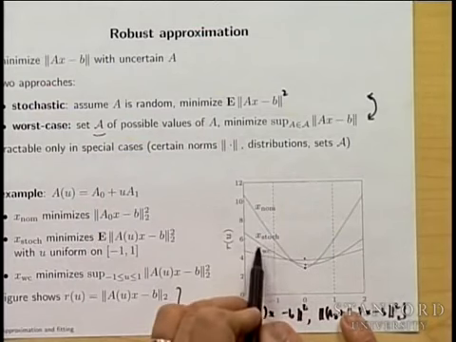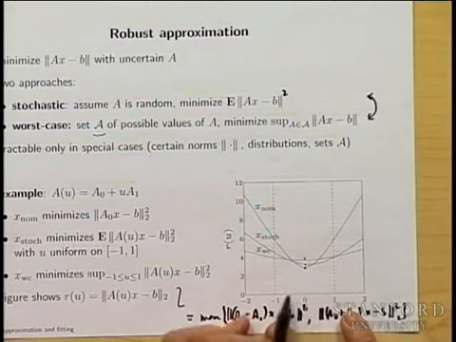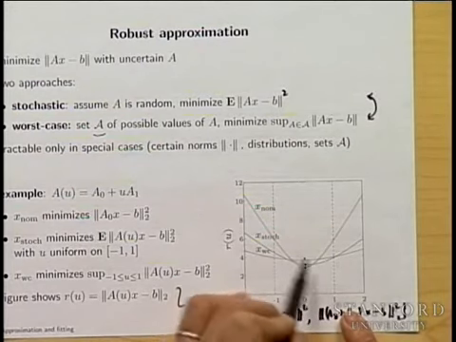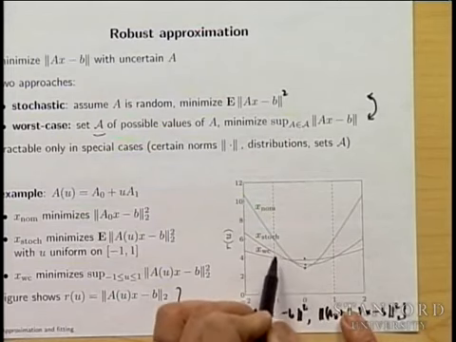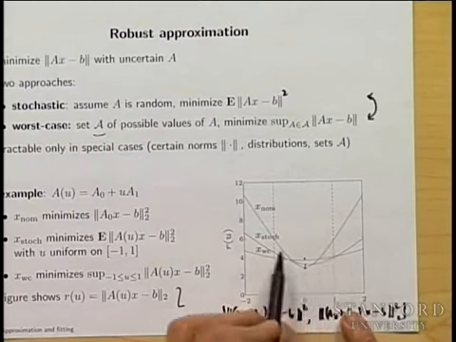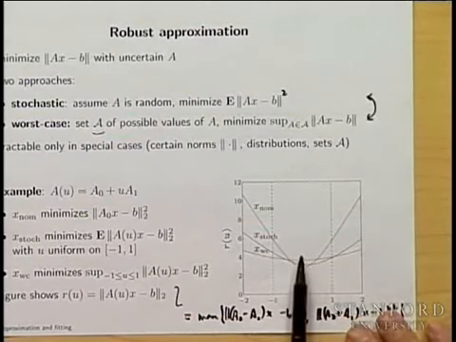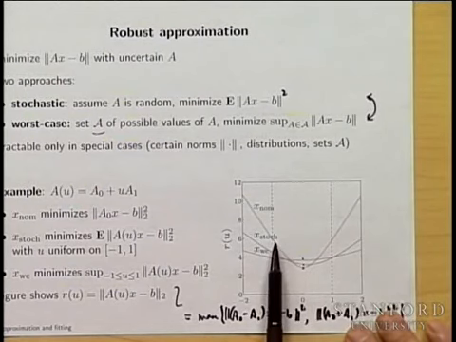This is the stochastic one, and it minimizes the average if you had a uniform distribution on here. So for example, the integral of this function over this interval should be least for this middle curve. And I believe that's going to be the case. Actually, you can see it's the case. Obviously, it beats the nominal one, because for the nominal one, when A moves away from the nominal, you start paying badly.